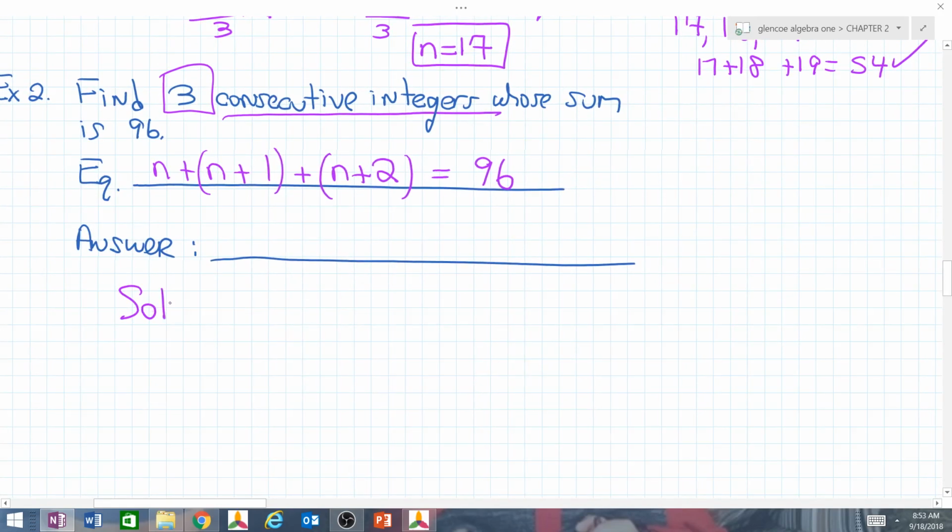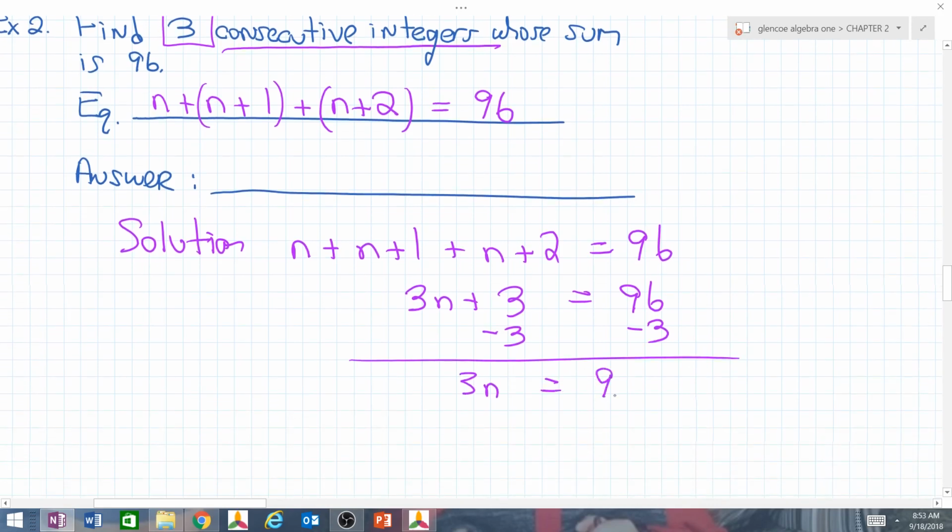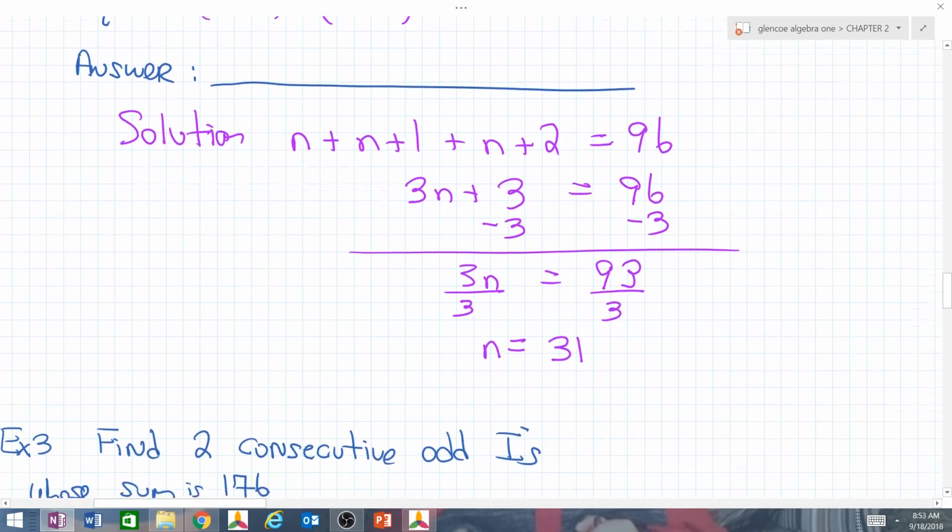Here's your solution. Did anybody get n equals 31?